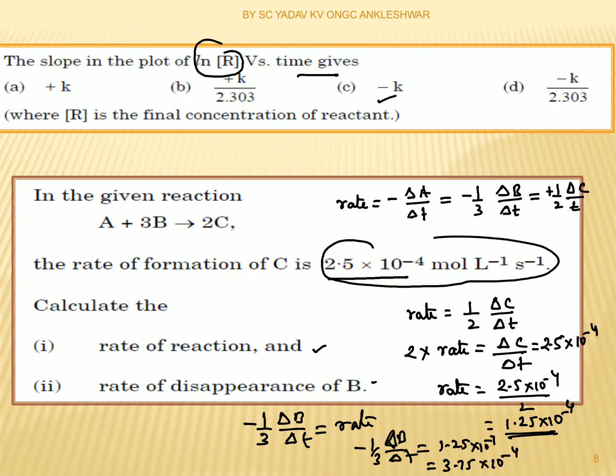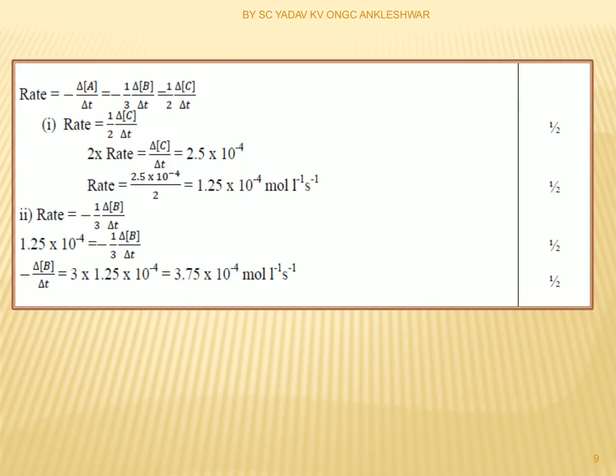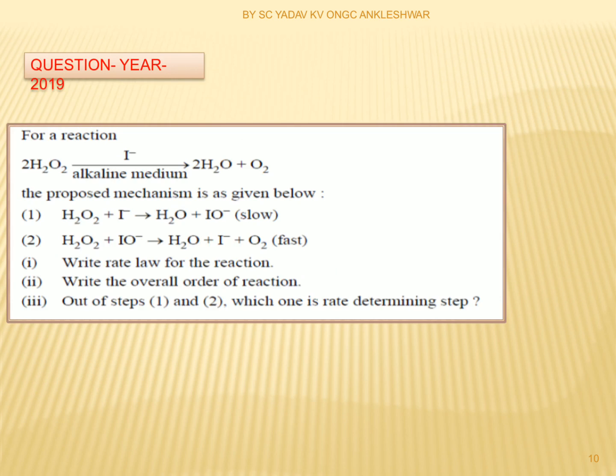So just 3 will go to this side and multiply, then you will get 3.75 into 10 to the power minus 4 mole per liter per second. Okay, my dear students, have you got this idea? Just see how the marking scheme is: half for each step.